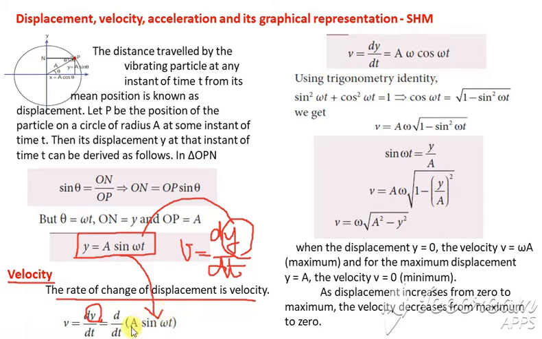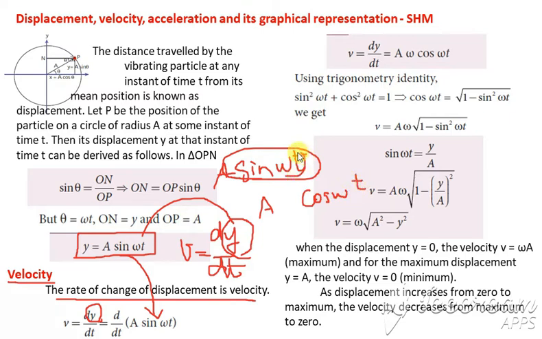Now differentiate. When you differentiate a sine omega t, a is a constant so it stays as it is. Differentiating sine omega t, we get cos omega t. Again, differentiating omega t, we get omega. So we get a omega into cos omega t.